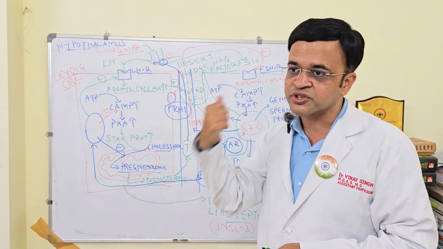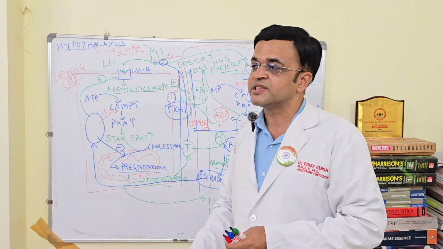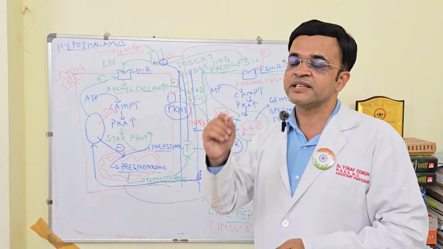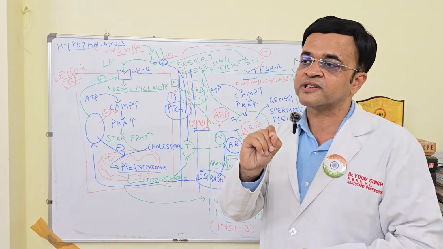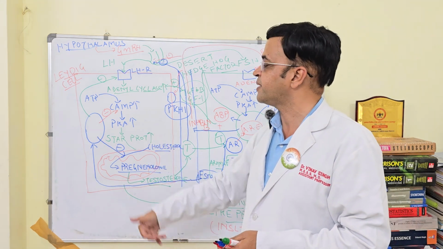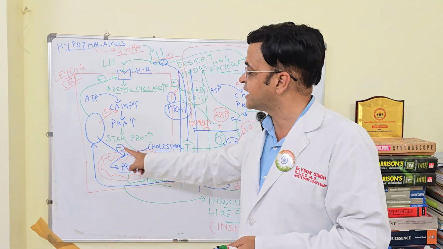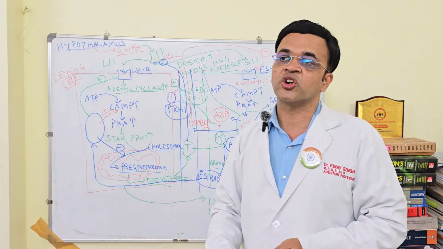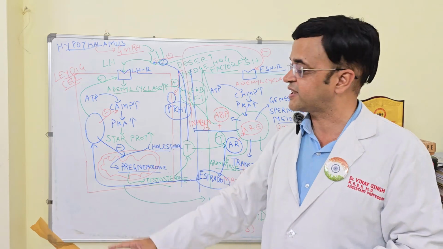PKA will increase the level of StAR proteins. The StAR proteins will start the process of synthesis of cholesterol. It is going to stimulate your cholesterol side chain cleavage enzyme, right? This cholesterol, after multiple steps, will get converted into pregnenolone. Pregnenolone, after multiple steps, will get converted into testosterone.